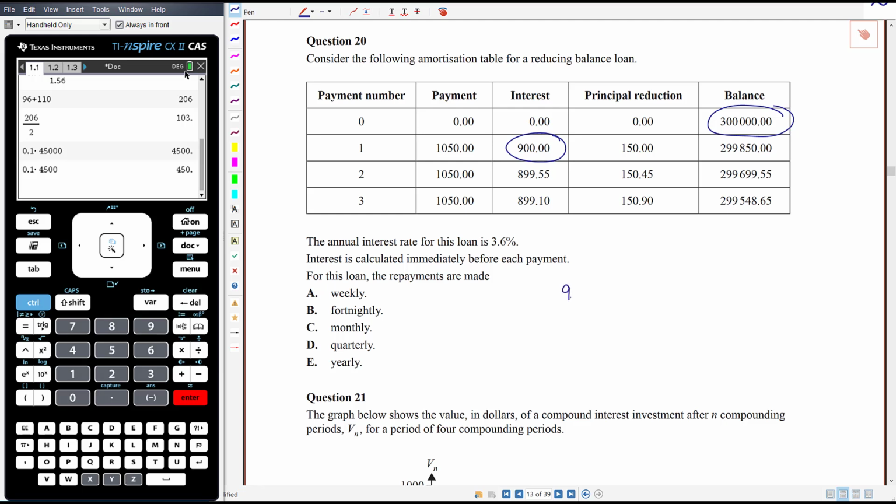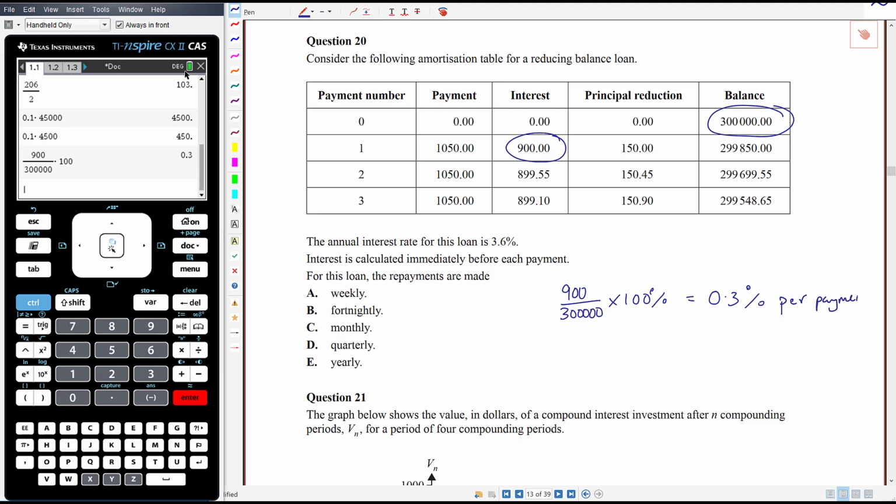Okay, so 900 out of 300,000, converting that to a percentage, 900 divided by 300,000 times 100, so that is 0.3%. So it's 0.3% per payment. That's the interest.